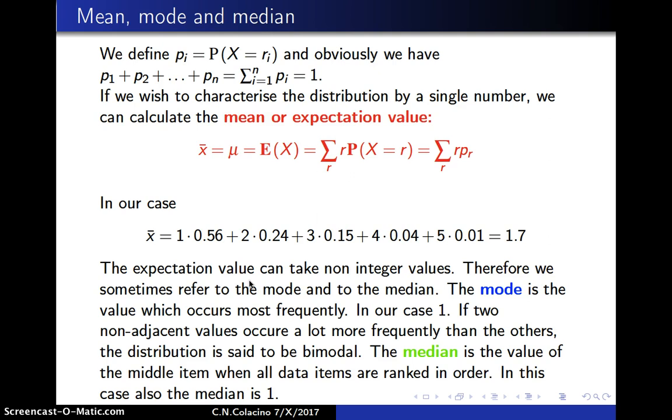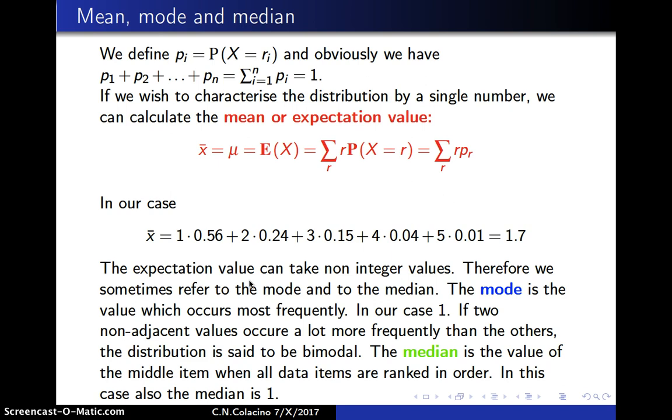So in our case, x bar is equal to 1 times 0.56, because there was a 56% probability that there was only one passenger in a car, plus 2 times 0.24, plus 3 times 0.15, plus 4 times 0.04, plus 5 times 0.01, and that gives 1.7.